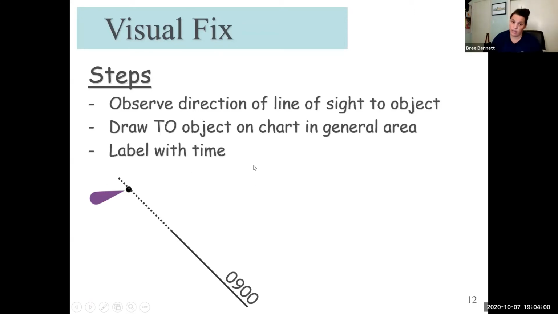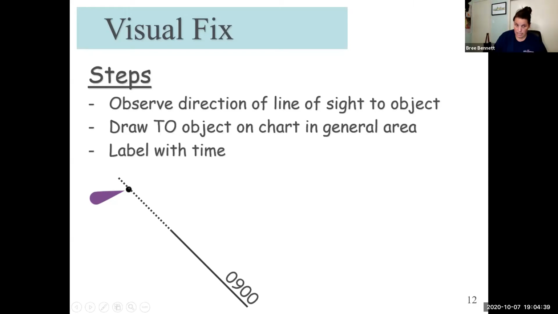Okay. So the steps on drawing a visual fix LOP are to, from your vessel, use your handheld compass or your vessel's compass to observe the direction, line of sight to an object. So in this case, I think it was approximately 320 degrees. So from my boat, 320 degrees from north, I see an object. Then draw to the object on the chart in the general area.